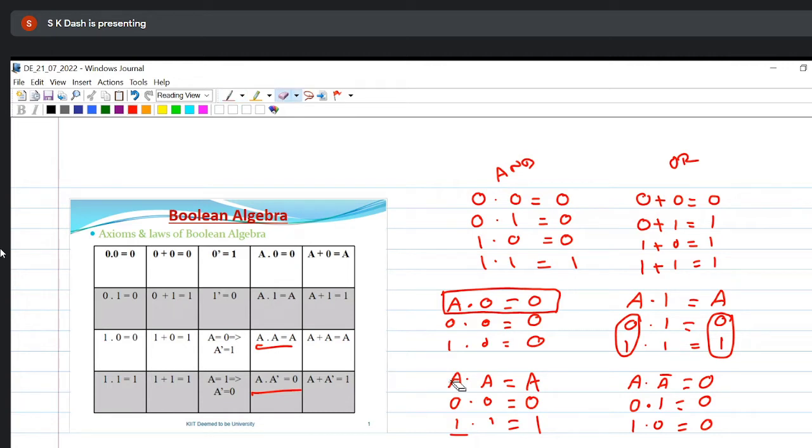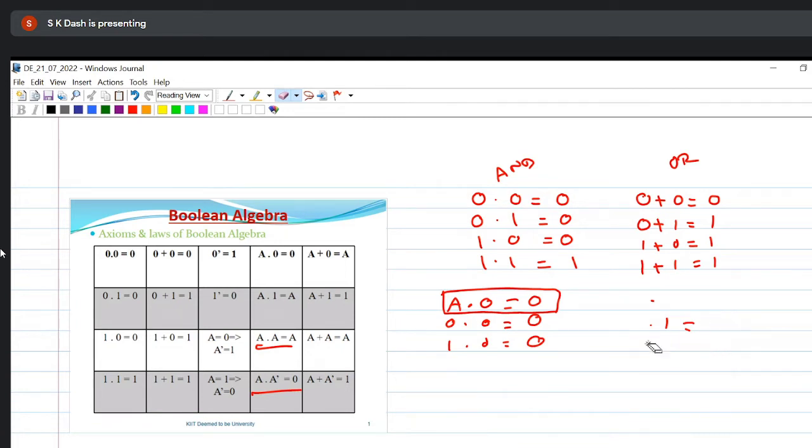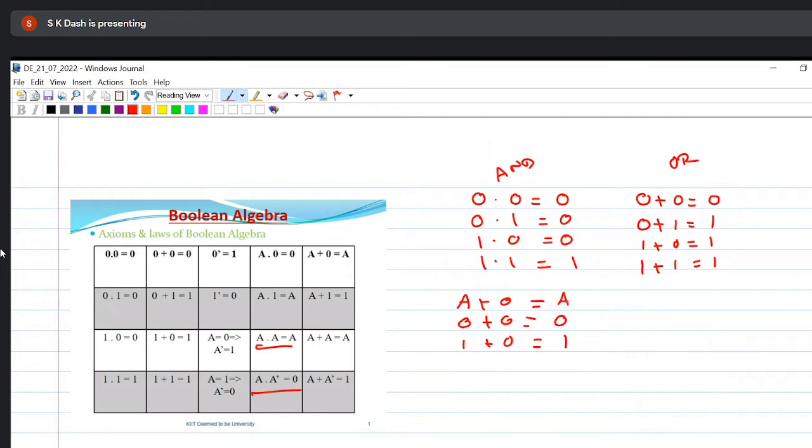Next is a plus 0. A can be 0, a can be 1. What will be 0 plus 0? 0. 1 plus 0? 1. So a plus 0 should be the same as a.